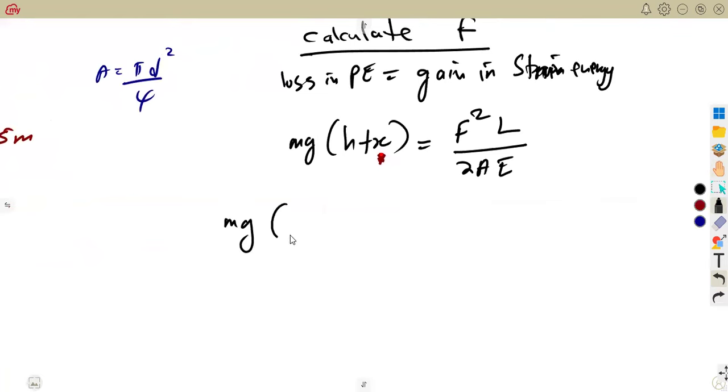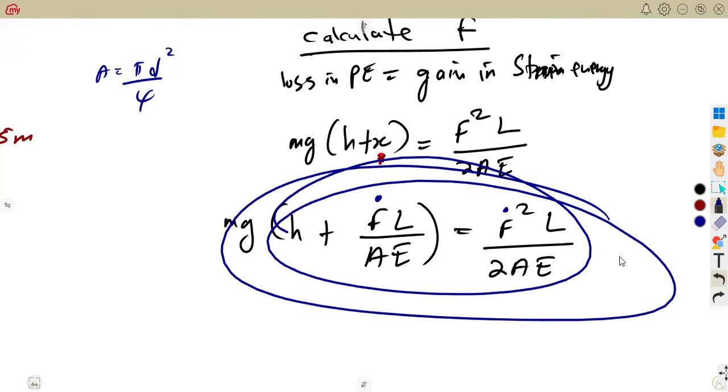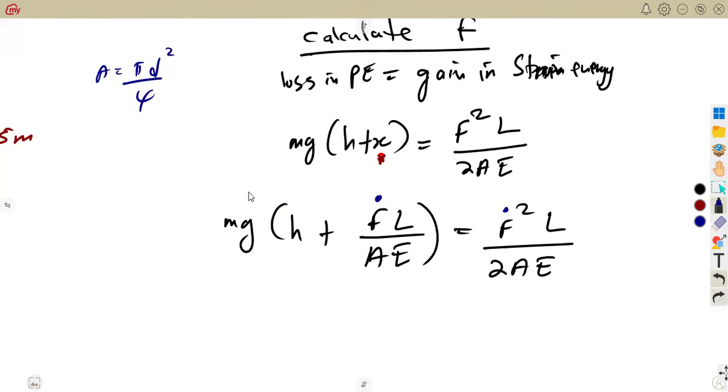So it was going to be mg into h. We saw that x is equal to what? FL over AE. So this is equal to F squared L over 2AE. That's the formula where the force is, guys. This force here, that is where it is. So in order for you to calculate that force, you have to think about this formula, as long as you're talking of the shock load.